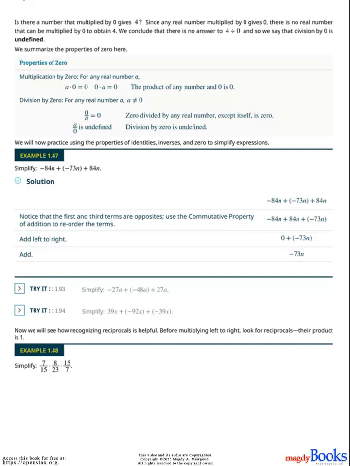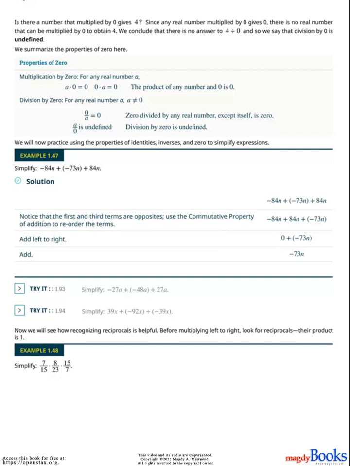For any real number a not equal to 0, 0 over a equals 0. 0 divided by any real number except itself is 0. a over 0 is undefined. Division by 0 is undefined. We will now practice using the properties of identities, inverses, and 0 to simplify expressions.